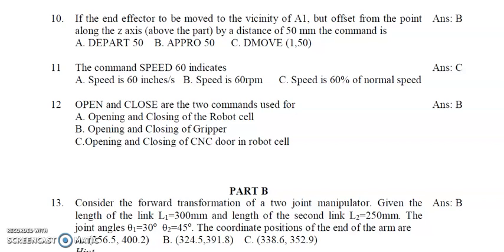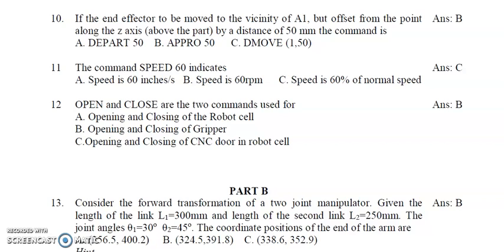The end effector is to be moved to the vicinity of A1 but offset from the point along the z-axis by a distance of 50 mm. The command is approach 50. Approach is used when the end effector approaches the object, and depart is used when the end effector is moving away from the object.